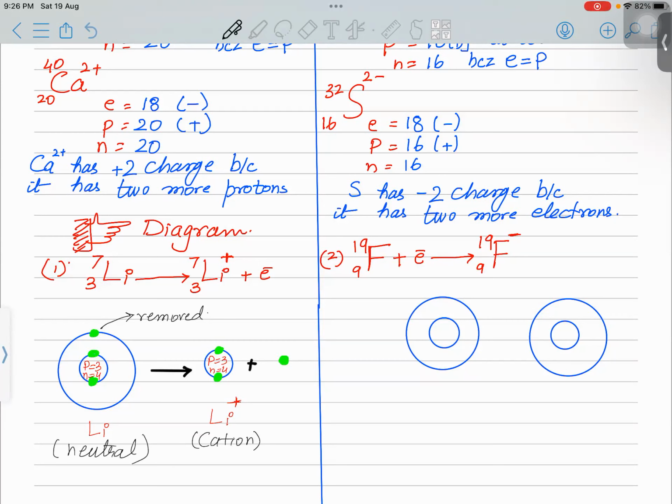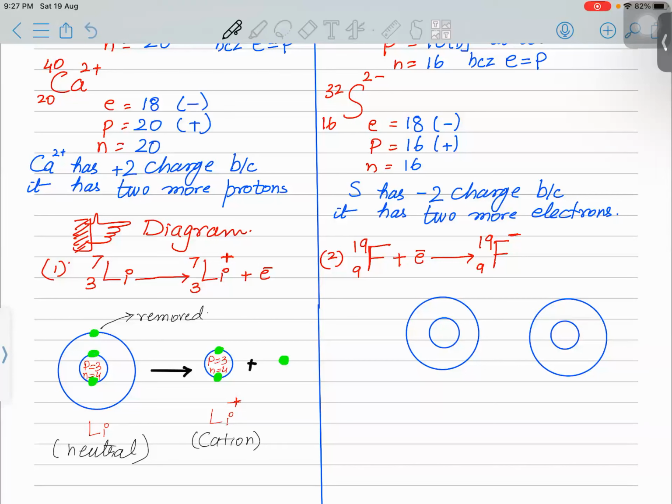Are you getting my point or not? Sir, that means the electron has been separated. Yes, electron is removed. Sir, then how is the electron configuration the same?